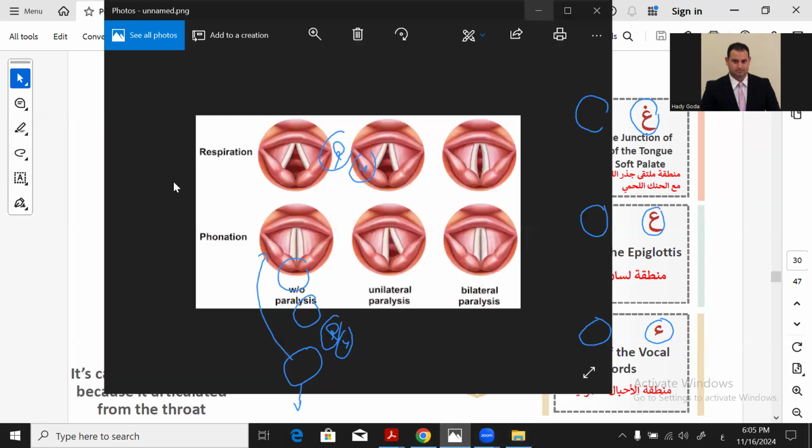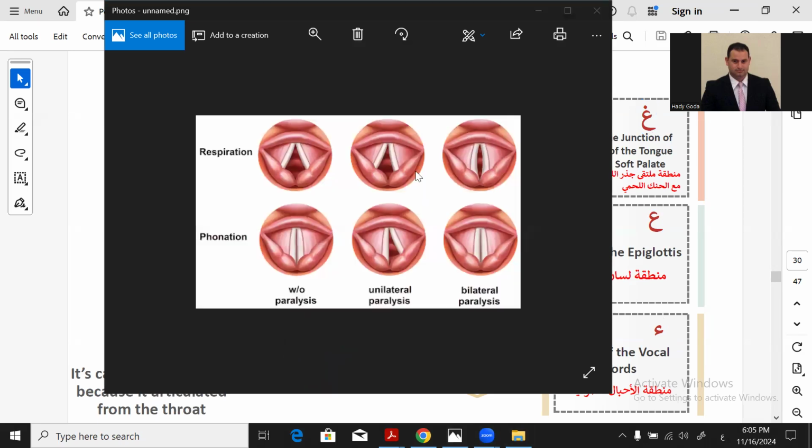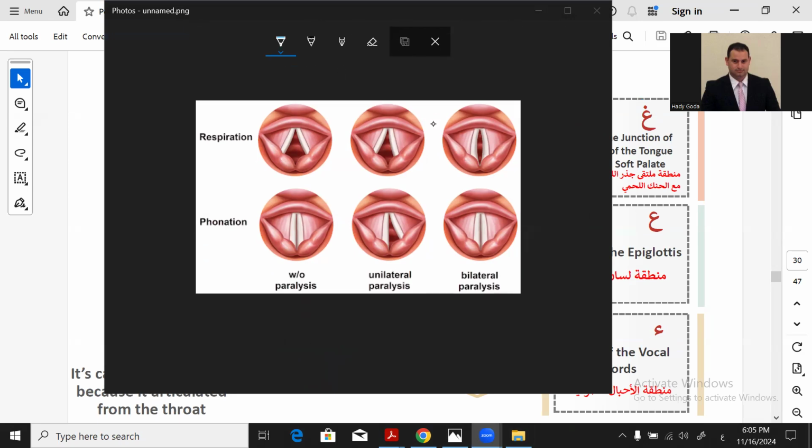As we said, when we pronounce letter Ha, the vocal cords are open, like this one, or partly closed, like this one or this one.